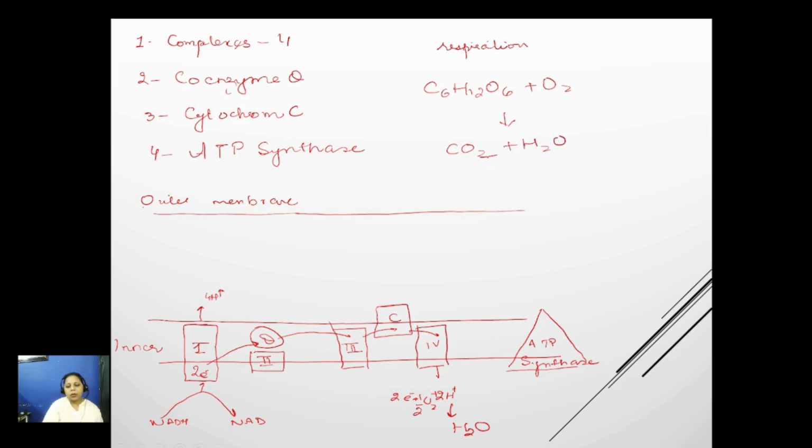So this is a phase where water is formed, and we have learned how the carbon dioxide is formed. Now what will happen? The protons will move here, definitely into the intermembrane space. Sorry, here is the 2. This is the intermembrane space.